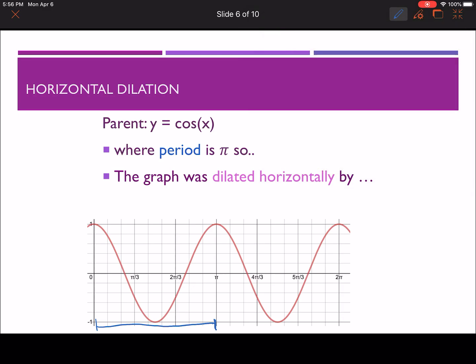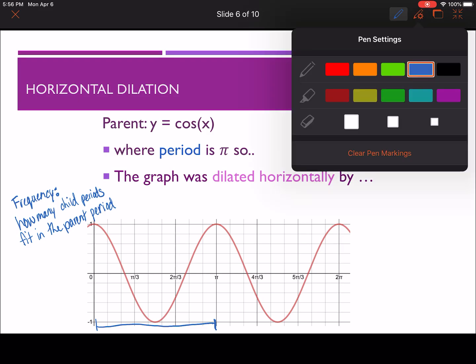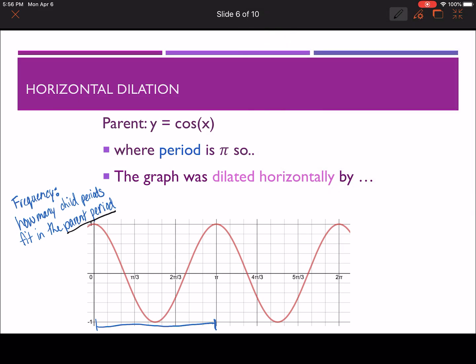The first realm that we can live in is the frequency realm, which is how many child periods fit in the parent period. So we know that the parent period in this case is 2 pi. That's something we already knew.